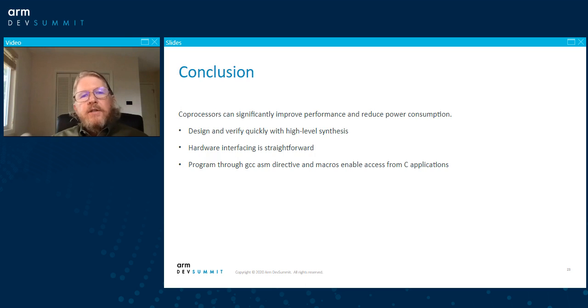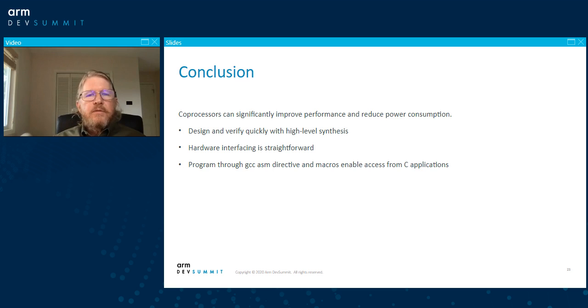So a coprocessor is a method that we can use to significantly improve the performance or improve the power consumption characteristics of a particular algorithm that we want to implement on our system. Here we used high-level synthesis to design and very quickly verify that accelerator. We connected it into the coprocessor interface.